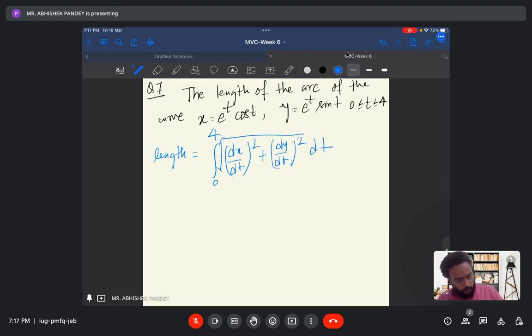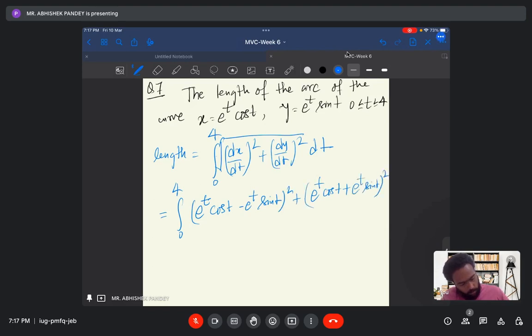Okay, so this is nothing but the integral from 0 to 4, where dx by dt is e to the power t cos t minus e to the power t sin t, whole square, plus e to the power t cos t plus e to the power t sin t, whole square, dt.